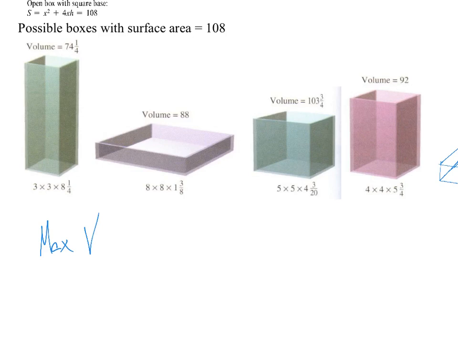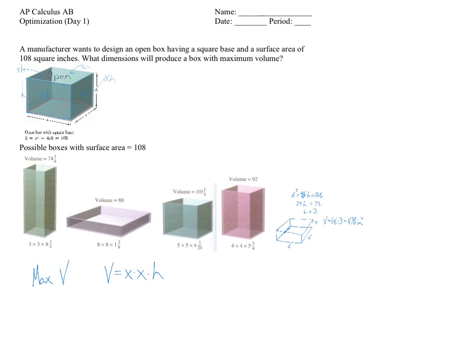Just like in our related rates, if you were trying to find the rate of change of the volume, you made your function equal the volume. So right now, though, we have the volume equals x squared h.